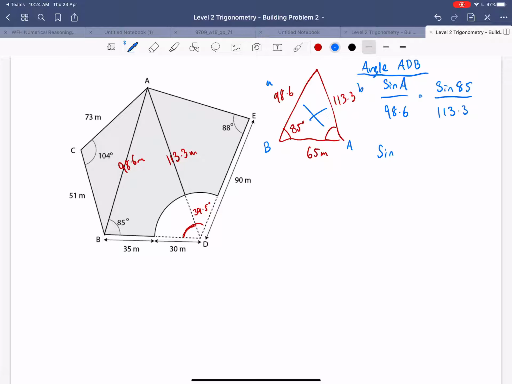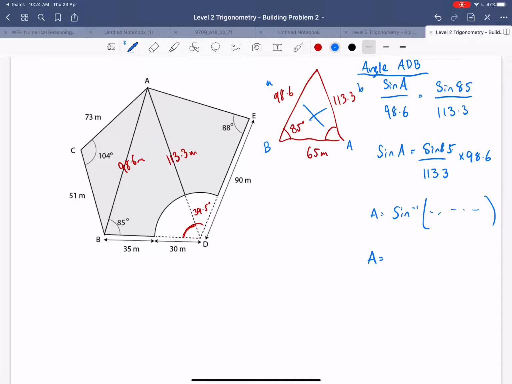Rearrange: sine A equals sine 85 over 113.3 times 98.6. So A is the inverse sine of the above line.